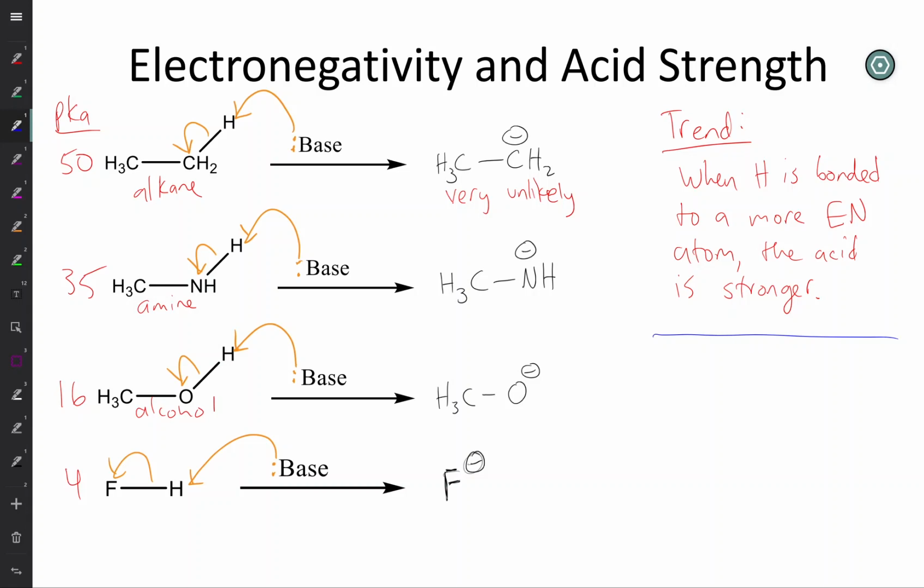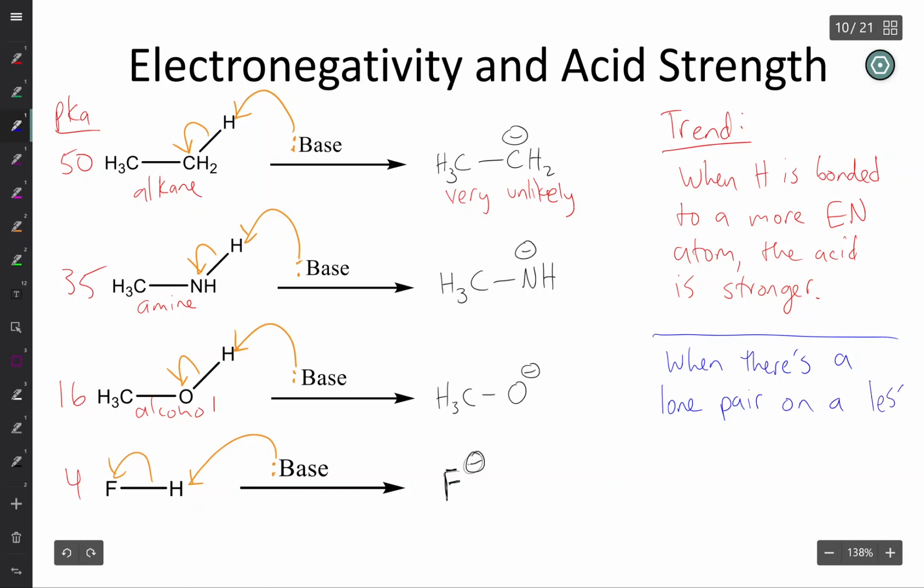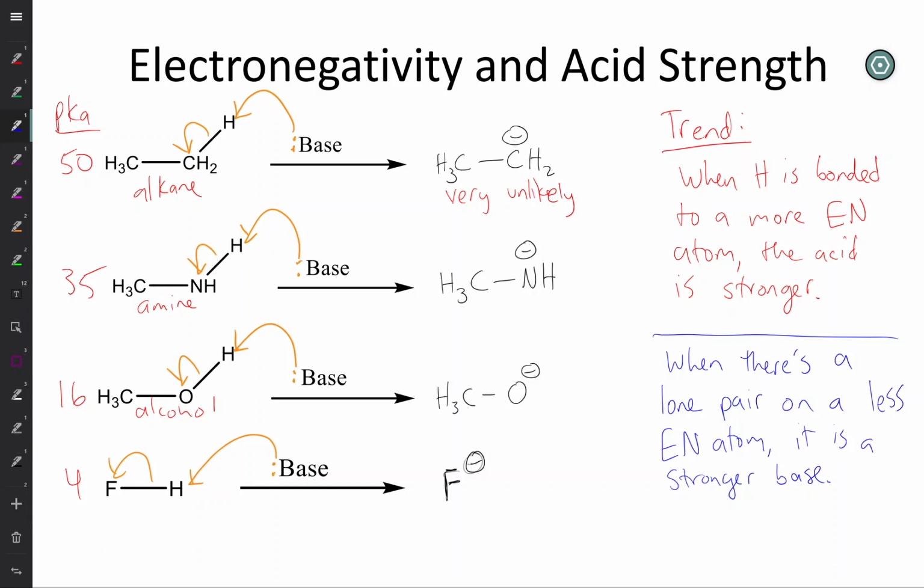So when there's a lone pair on a less electronegative atom, that makes it a stronger base. So with electronegativity, the trend makes sense. It's exactly what you would have predicted just based on what you know about stability of formal charges.